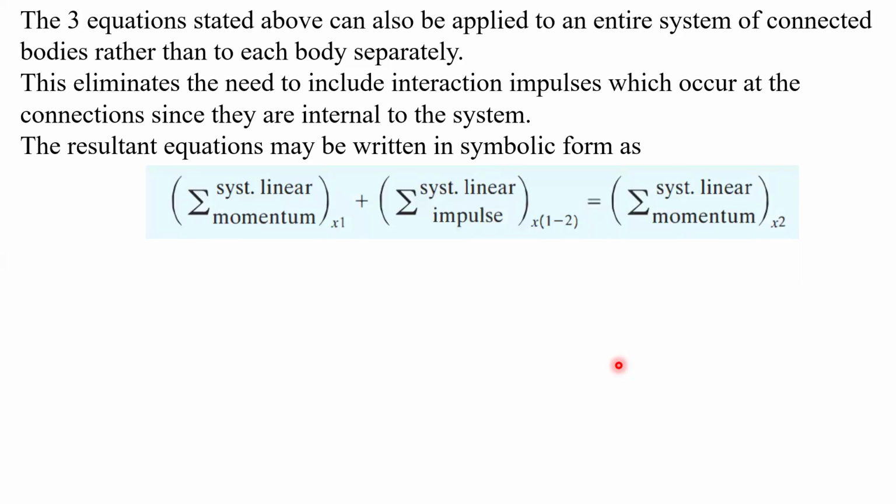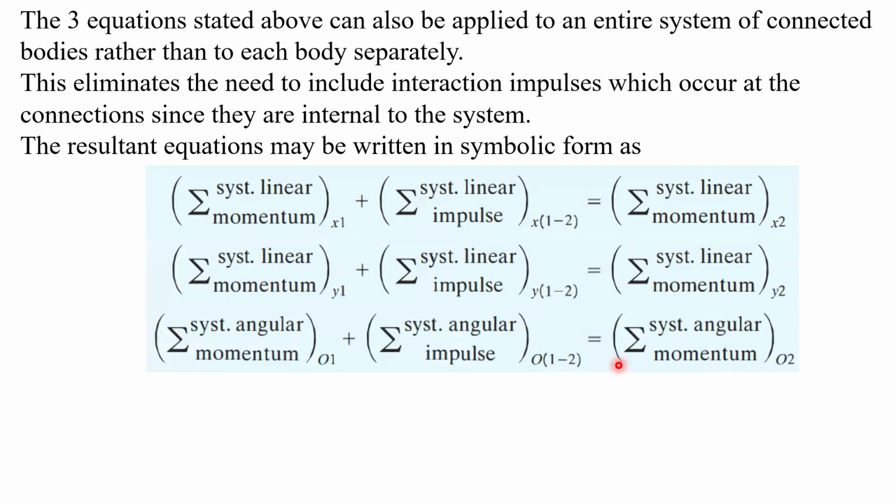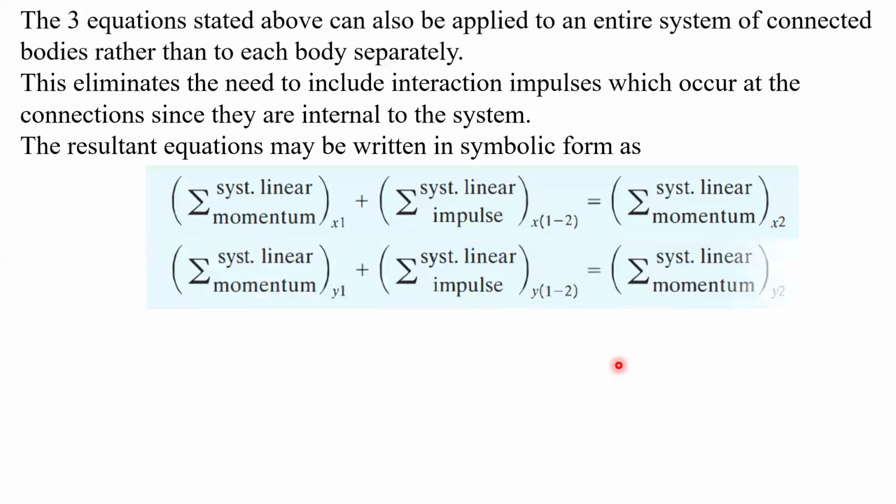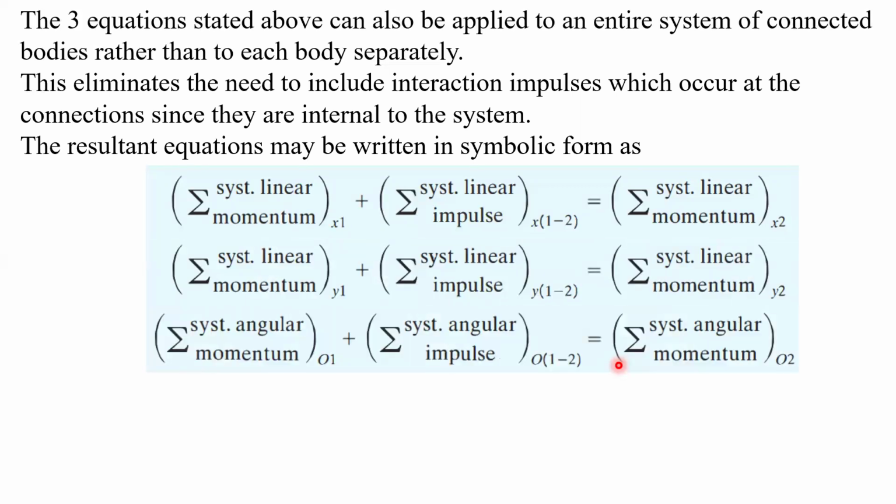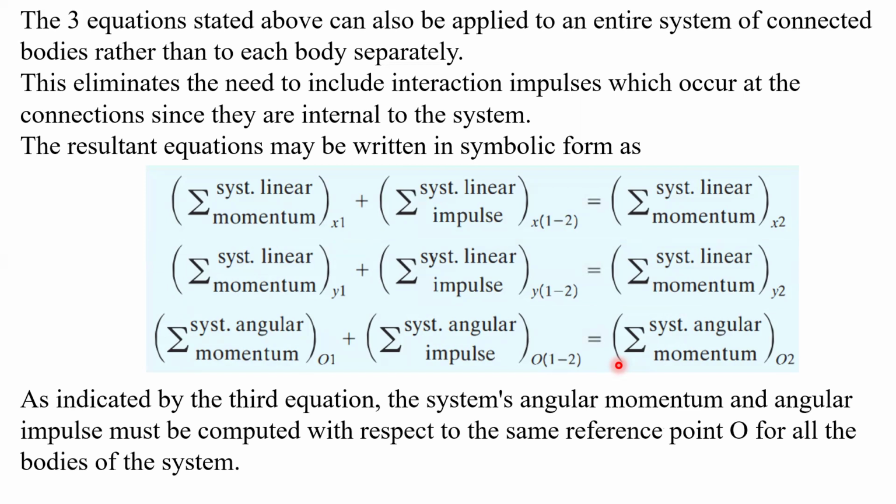The first one is for the x direction: system linear momentum initial plus the system linear impulse is equal to system linear momentum final. Likewise for the y direction, and this is for angular momentum. As indicated by the third equation, the system angular momentum and angular impulse must be computed with respect to the same reference point O for all the bodies of the system.